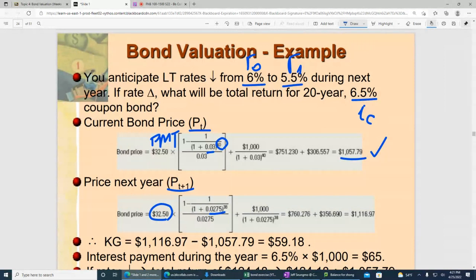So therefore, 38 semesters. If you do that, voila, the price is even higher next year.